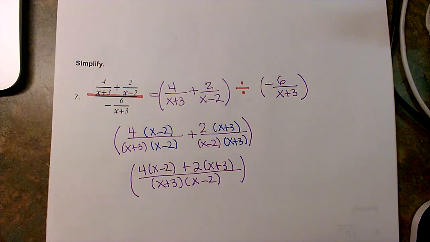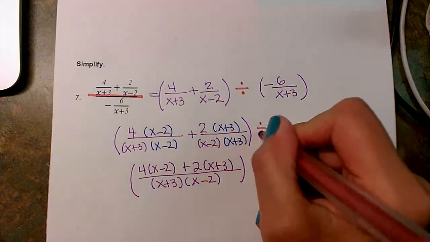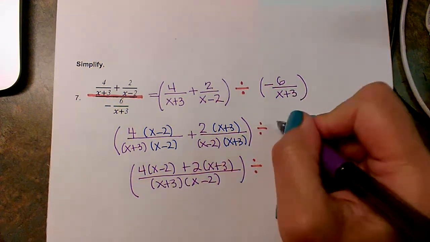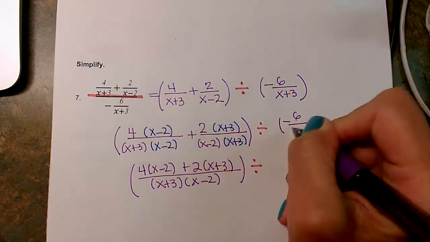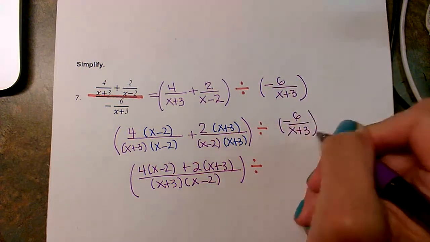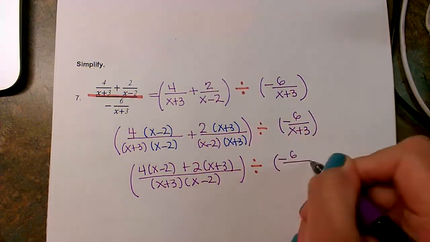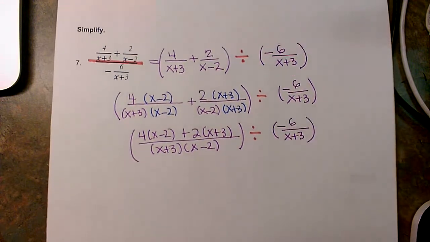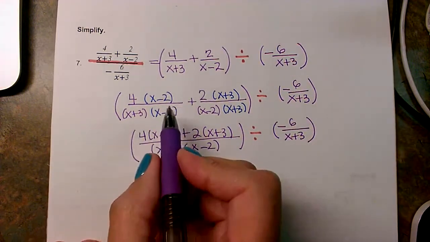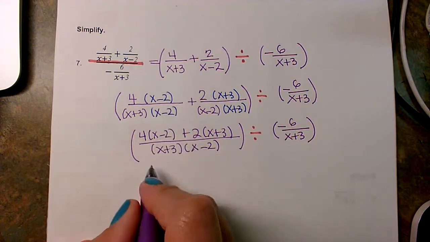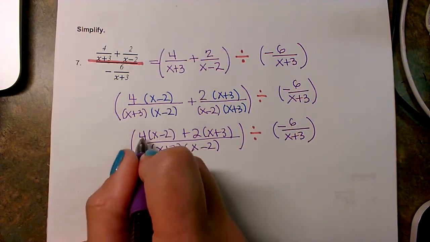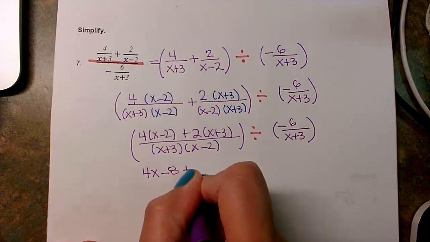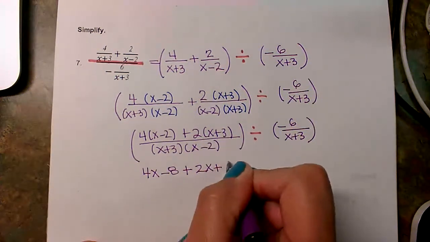Now I'm going to distribute. But let me add this here. So we have 4x minus 8 plus 2x plus 6.